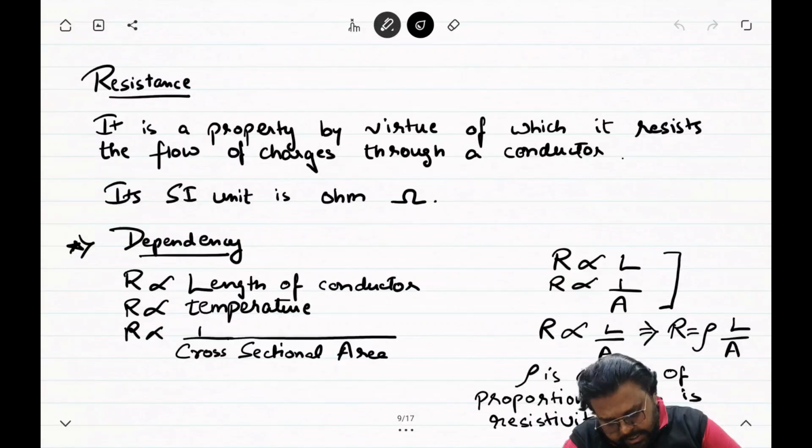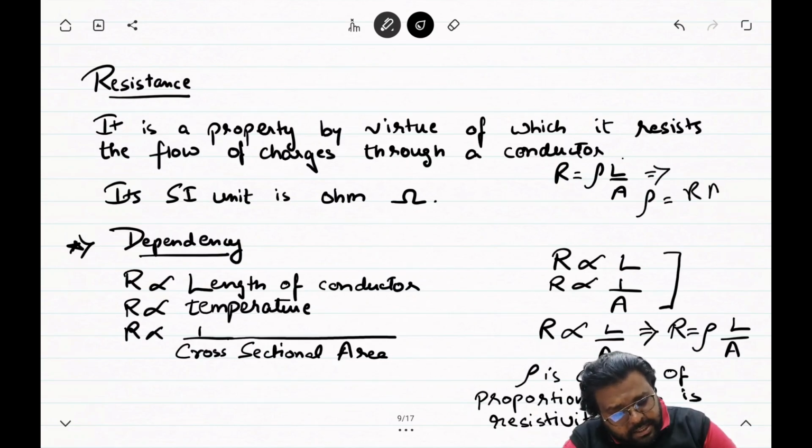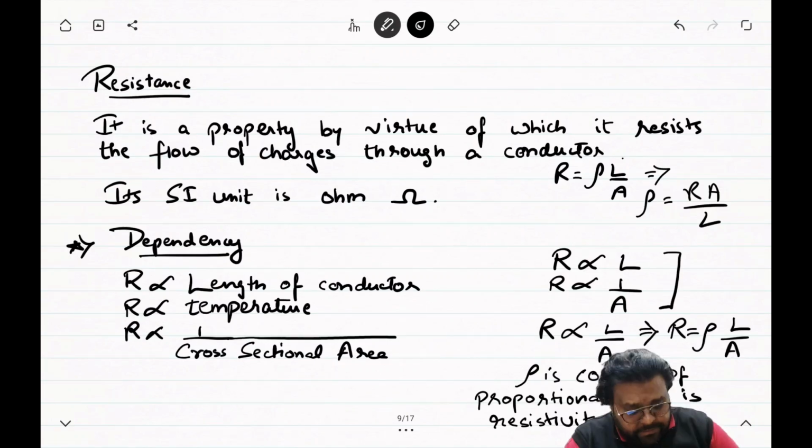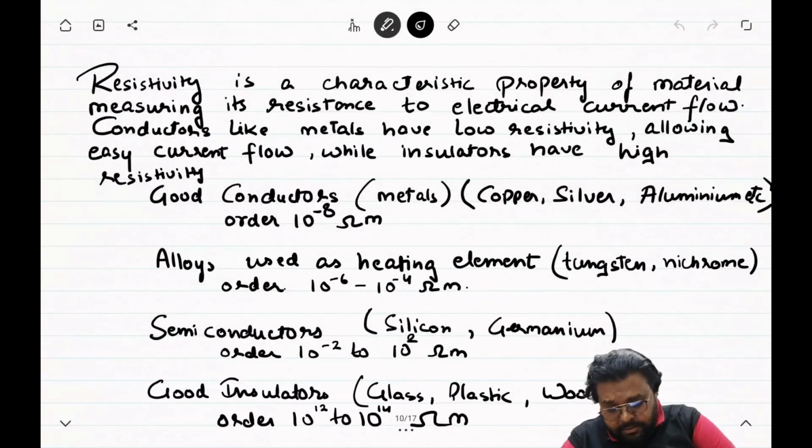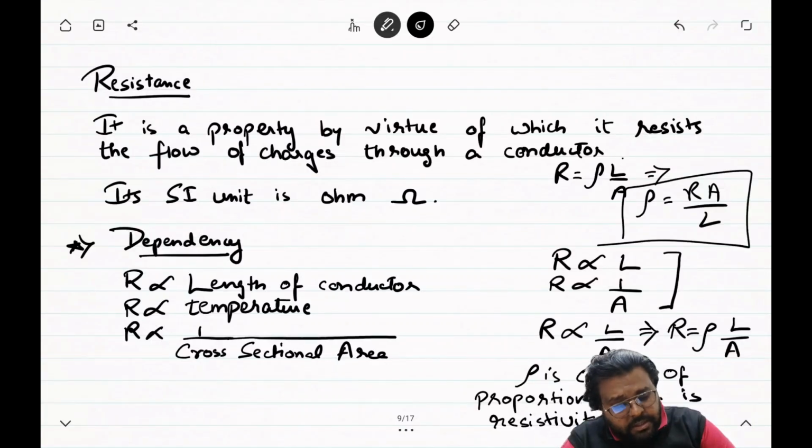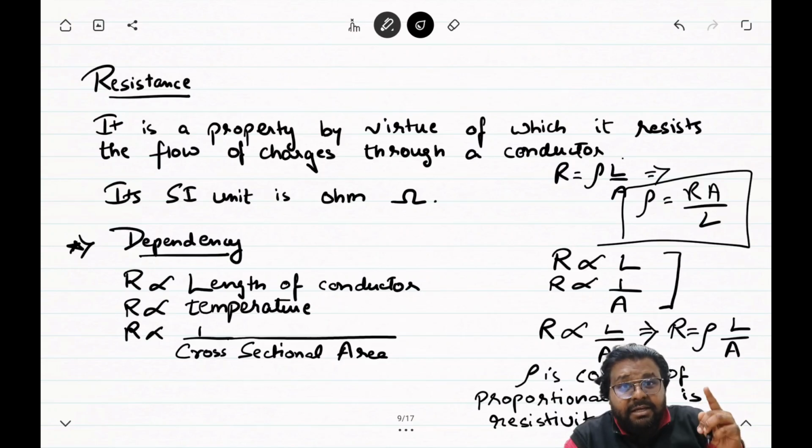See, when R is rho L by A, if I send each and everything to the other side, it will give me rho is equal to R A upon L. So for this formula, when 1 meter square cross-sectional area of a conductor is provided, and when 1 meter of length of the conductor is provided, then resistivity, that means the characteristic property, becomes equal to the resistance offered by that particular conductor.